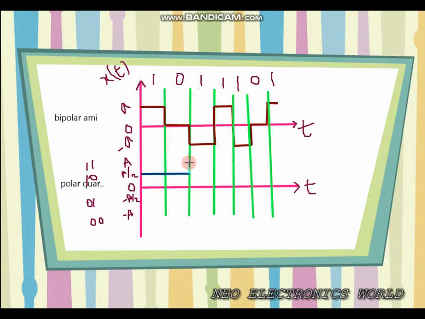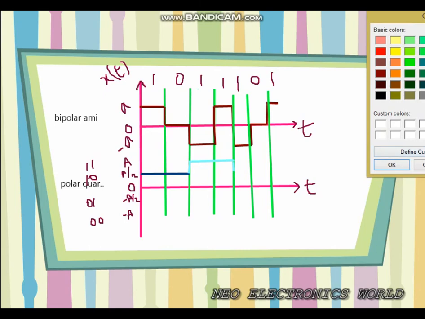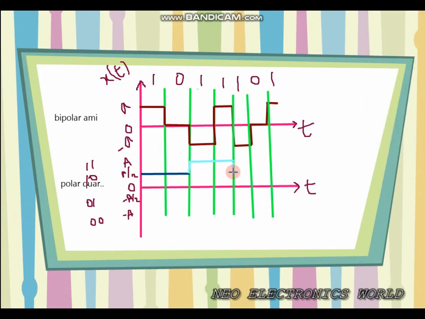This will be increasing and will go to the amplitude A. Then again the amplitude is 1 0. 1 0 means here it will come, and another color. 1 0 will be going here, and again 1 comes here.